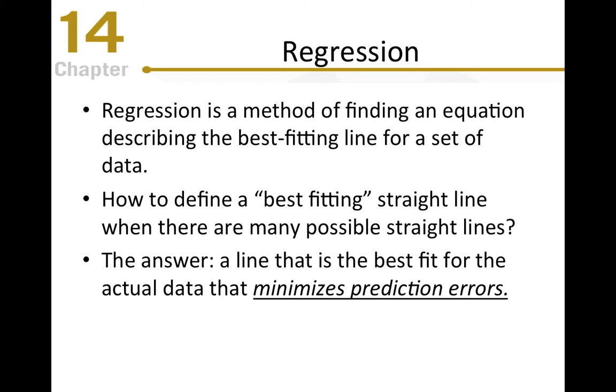And so we can use mathematical formulas to find out what minimizes the errors the most and what line would be most representative of the actual data. And so if we are coming up with a regression equation that has a lot of error in it, it's not going to represent our data as well as something that minimizes on the error and really captures the data.